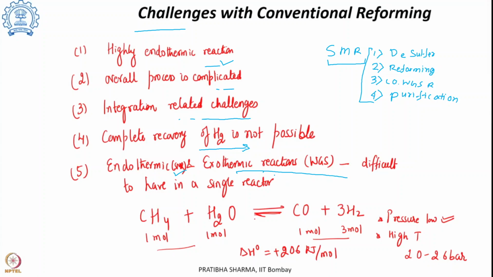These two contradictory things, heat required and heat released, occur at two different places. It is very difficult to manage thermal management. These are the challenges with the conventional reforming process.